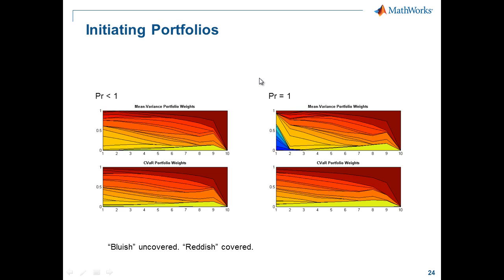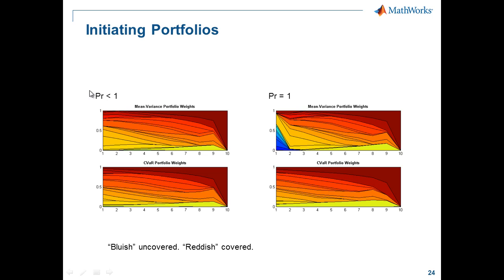This is illustrated more clearly if you look at an area plot of the portfolio weights. You can see the reddish to yellow bands are essentially covered positions, and the bluish to greenish bands are uncovered positions.